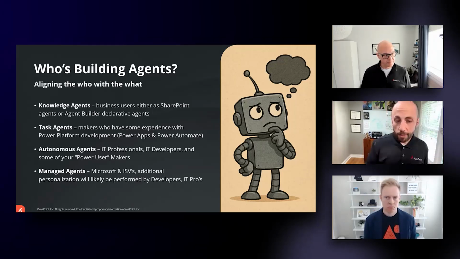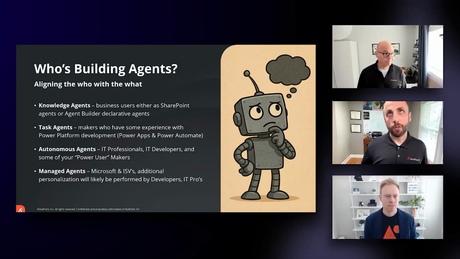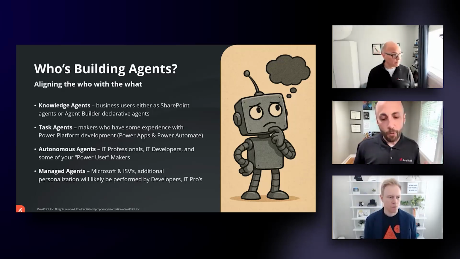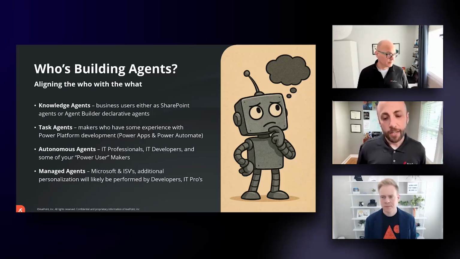When you get to autonomous, that's when things get kind of interesting, because while Copilot Studio is a low-code application development platform, the reality is autonomous agents are a little bit more complex. They require a little bit more logic and design to pull off.